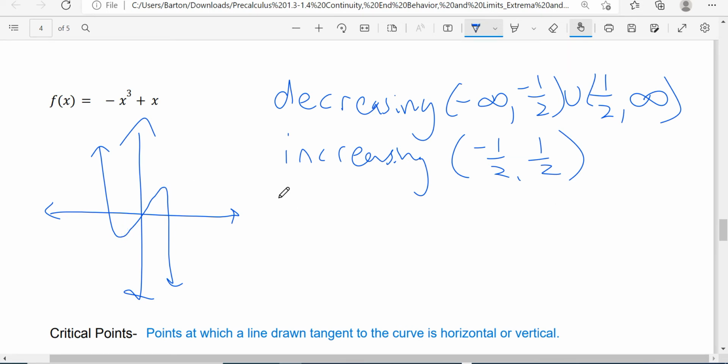As we can see here, the function is decreasing. The output values are getting smaller and smaller. Then it changes from decreasing to increasing, and then it goes decreasing again. You're still using interval notation, that's still applicable.